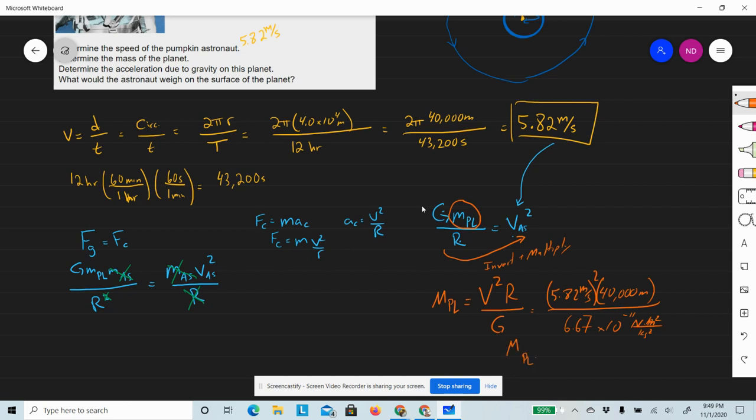Mass of the planet equals 2.03 times 10 to the 16th kilograms. That's the mass of the planet.